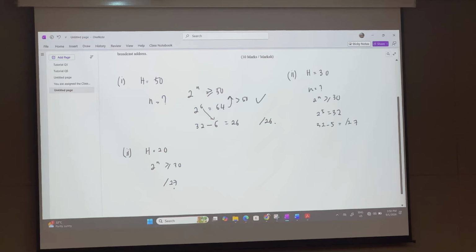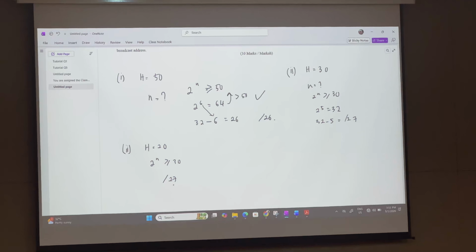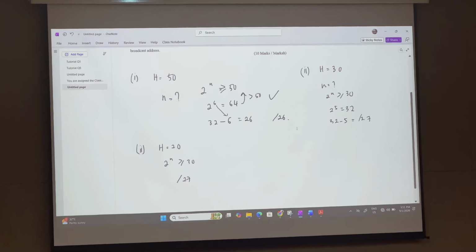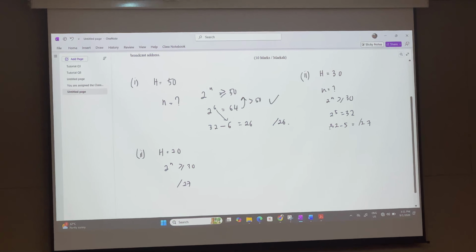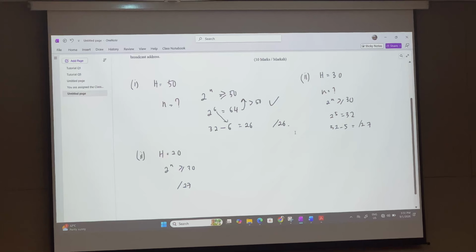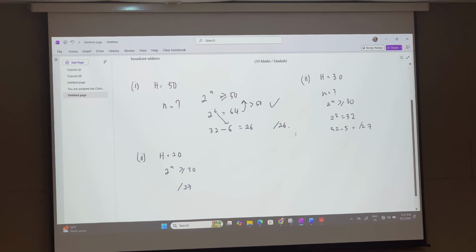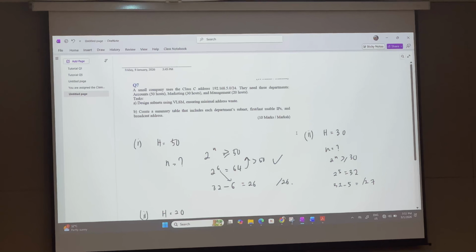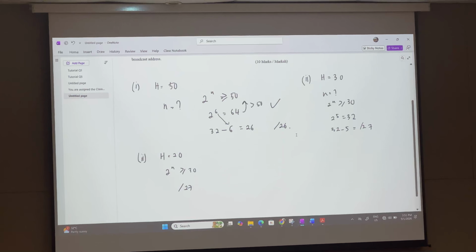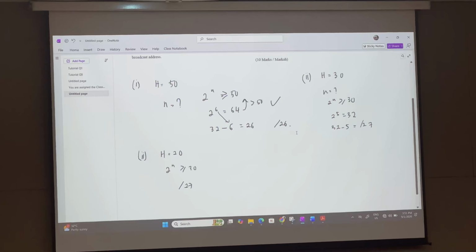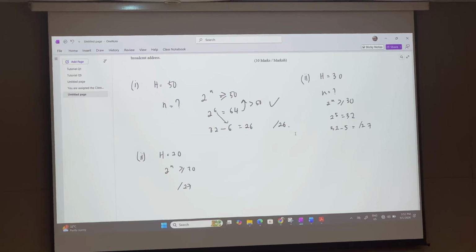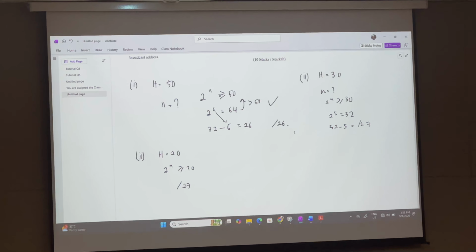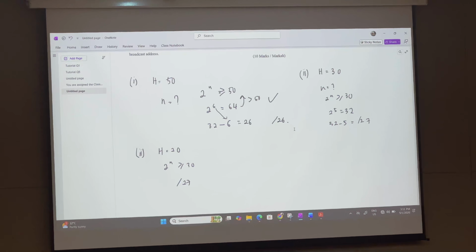Correct. This is the way for you to find the mask length, or CIDR. Much clearer than before, because today we analyze the solution. Today we do the solution.